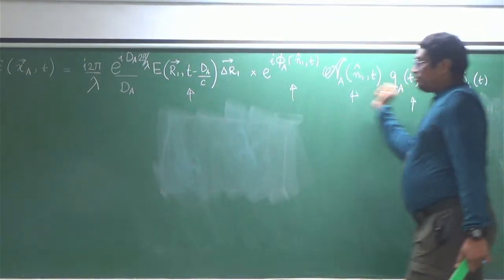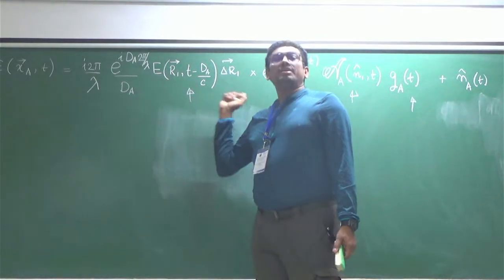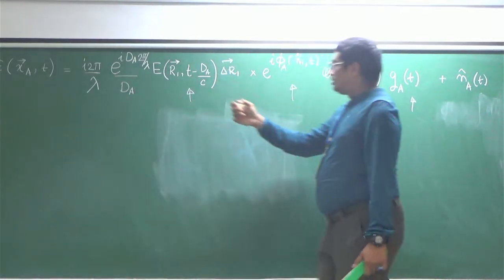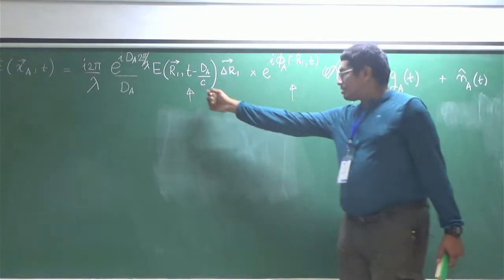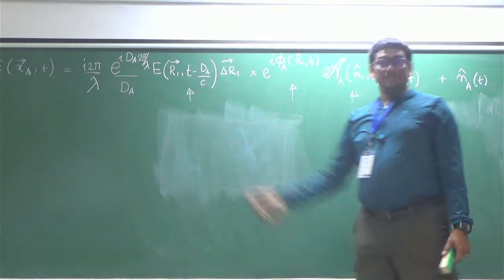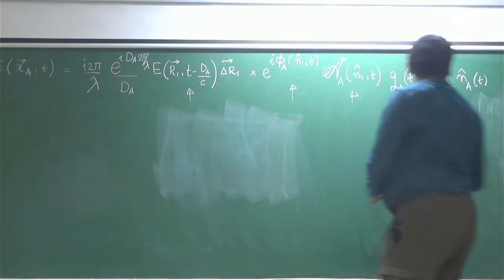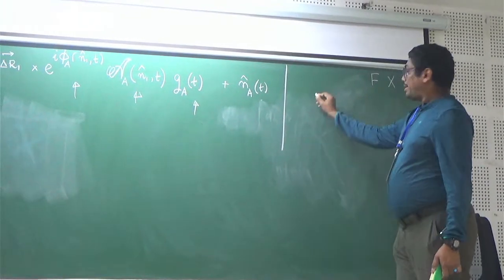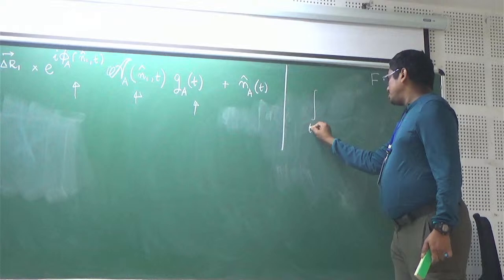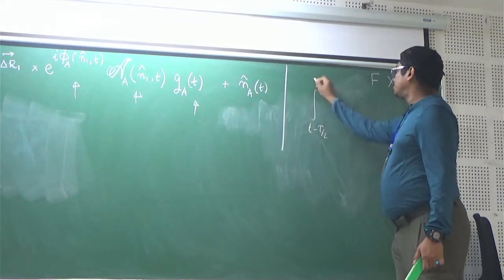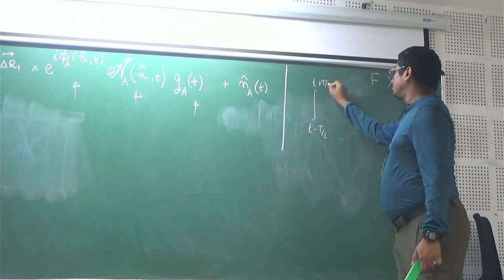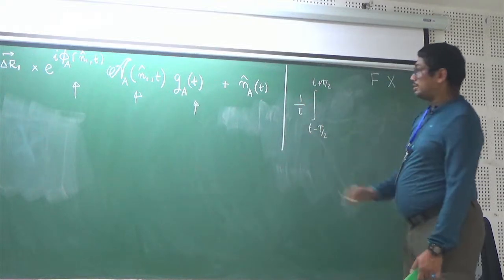Amongst all these frequency dependences, this is something which changes at around 1 gigahertz. So it changes 10 to the 9 times per second. But the electronic gain or this doesn't change that fast. Which means I can do an integral from t minus tau by 2 to t plus tau by 2.